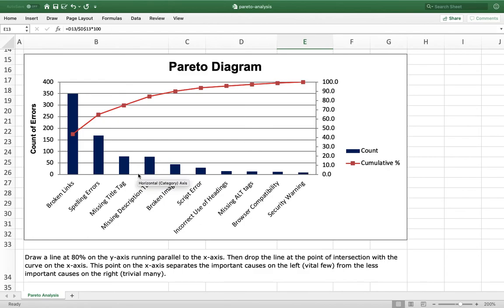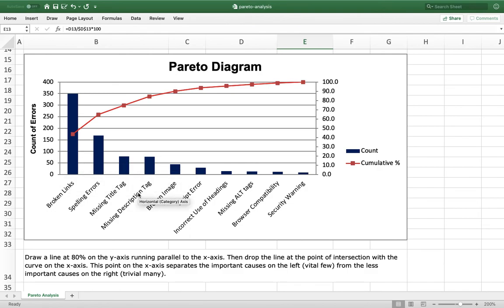You'd be better off focusing your efforts on missing title tags, spelling errors, and broken links. While ignoring these won't solve the problem, your time would be much more efficiently used at focusing on these errors.